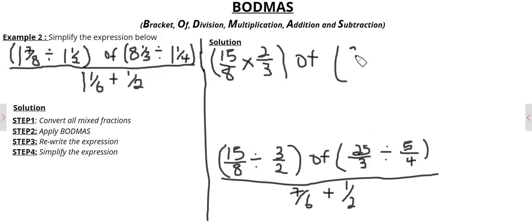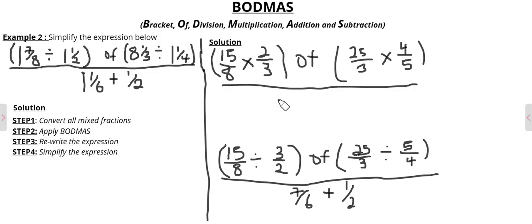25 all over 3, then you change this division to multiplication and it becomes 4 all over 5, correct? Then let's continue. We have 7 all over 6 plus 1 all over 2.